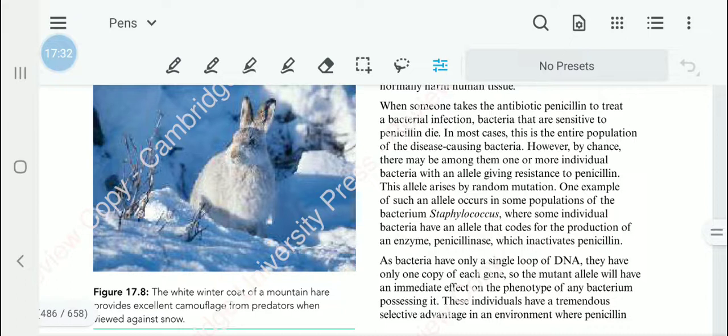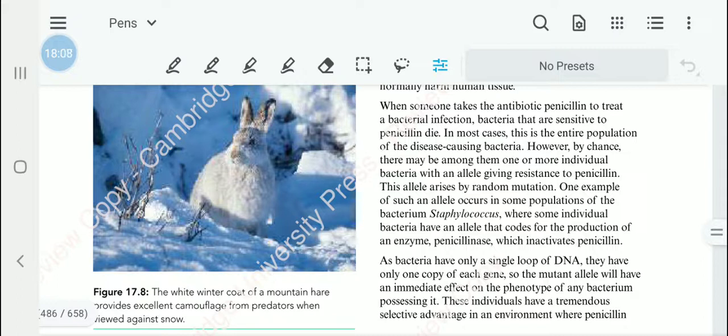Now, when someone takes the antibiotic penicillin to treat a bacterial infection, the bacteria that are sensitive to penicillin will die. So usually the entire population of the pathogenic bacteria will die, because the drug is targeting that. Now, if there is a bacterium with an allele that gives resistance to penicillin, that arises as a result of random mutation.